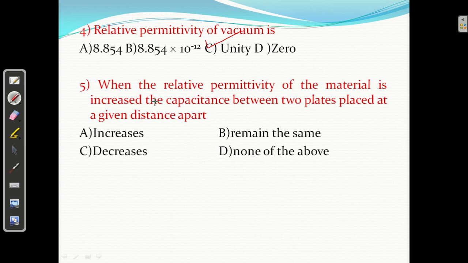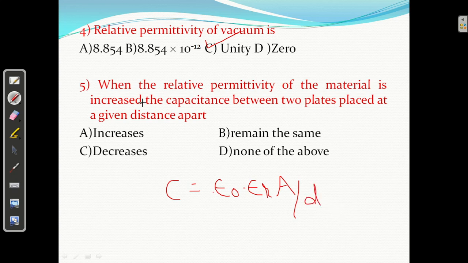Question number 5. When the relative permittivity of the material is increased, the capacitance between the two plates placed at a given distance apart. Now you know C equal to what? Epsilon 0 epsilon R A by D, distance.